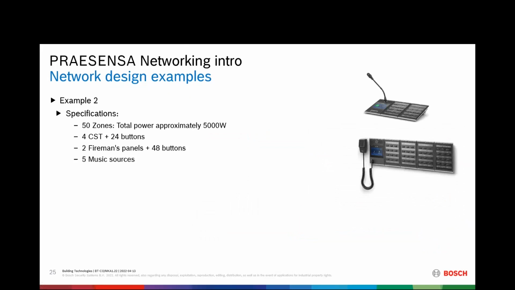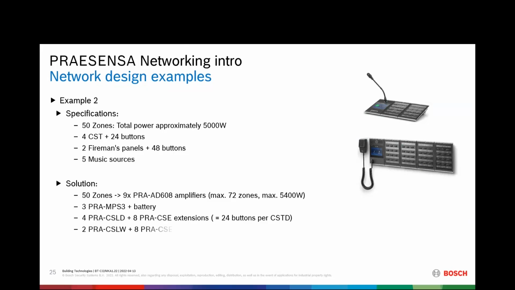Then I come to a next example where we have a total power of about 5,000 watts with 50 zones. We're having 4 call stations with 24 buttons, 2 fireman's panels with 48 buttons, and 5 music sources. So it's a pretty larger system now. We can handle this with 9 amplifiers, and we have then in that case maximum 72 zones and maximum 5,400 watts of power.